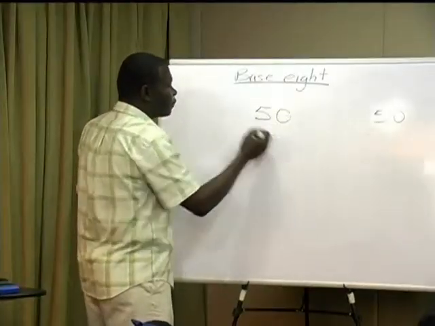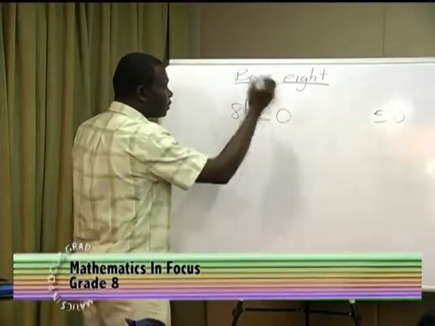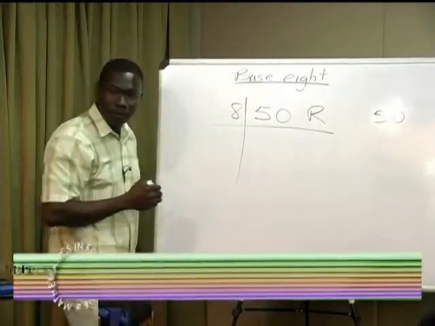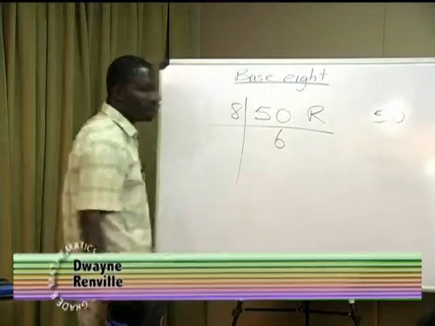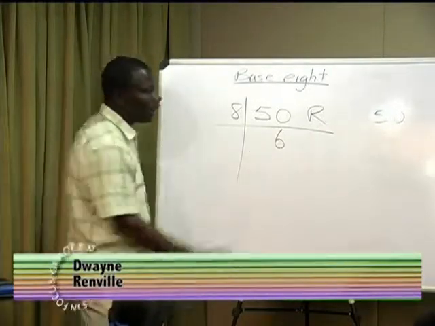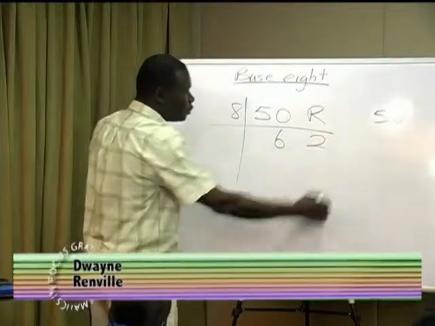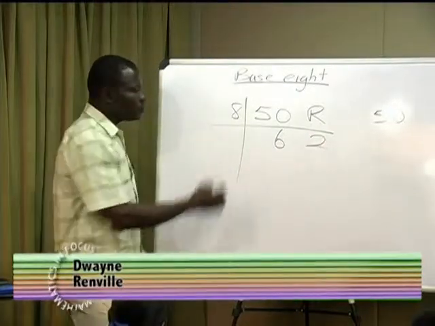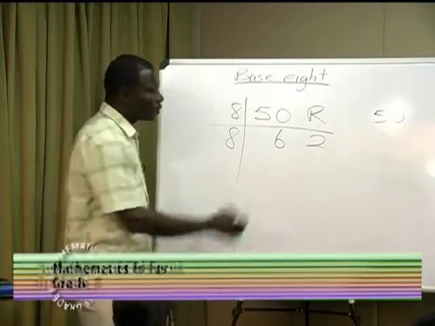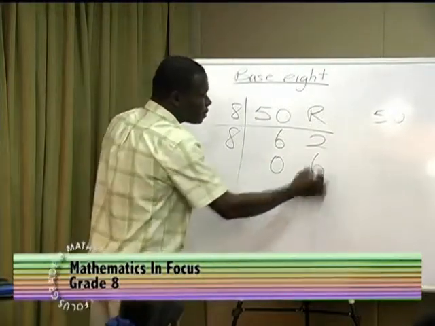We say 50. We're going to convert to base 8. We're taking the remainder. 8 into 50. 8 6s are 48 and 2 remainder. Then we say 8 into 6. 0 and 6 remainder.